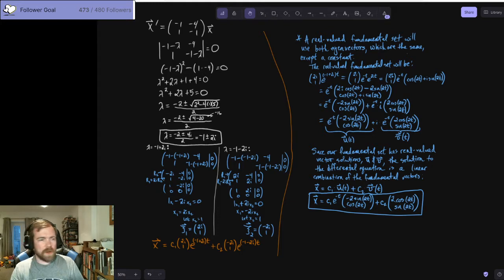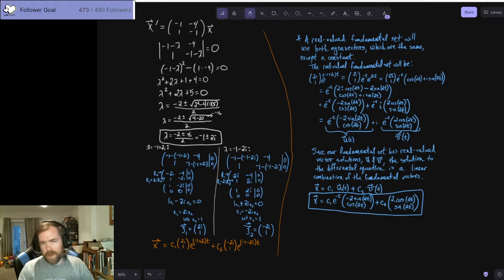Okay, so on screen right now, I've got a capture of something we were working on last class, but I went a little bit beyond and did the complex non-real eigenvalue case and was able to shortcut the process a little bit by talking about fundamental sets.